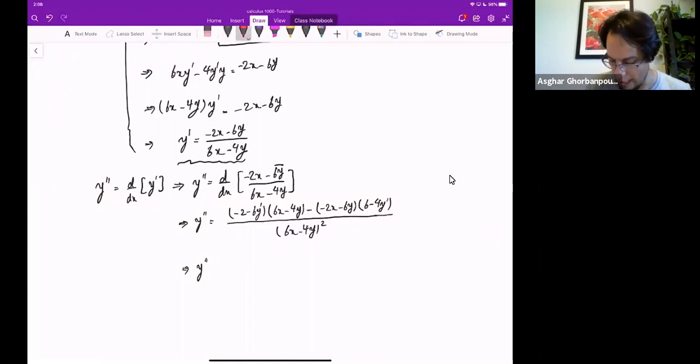Okay, so I see two y primes and I don't like those y primes, meaning that I have to replace them by what I have found in the first step.